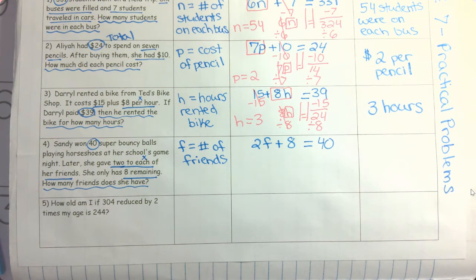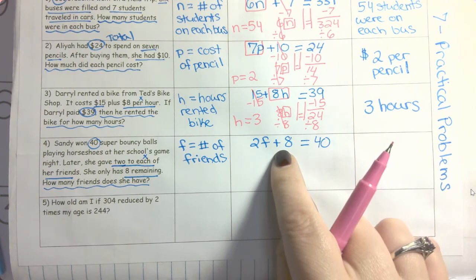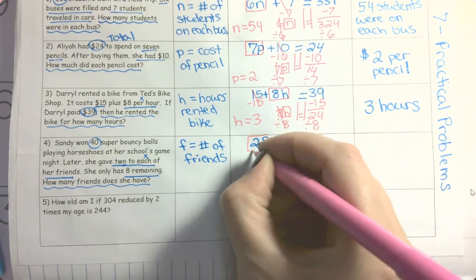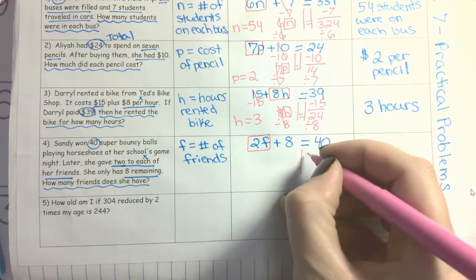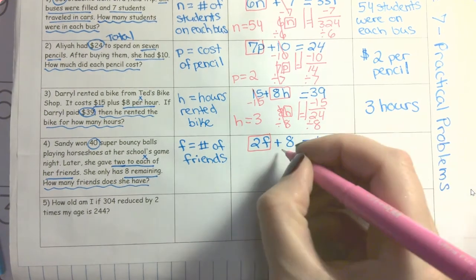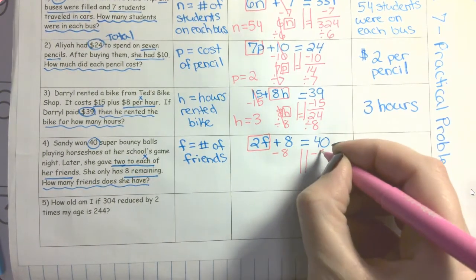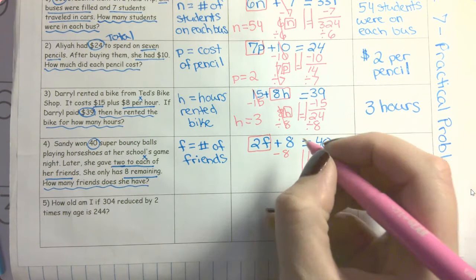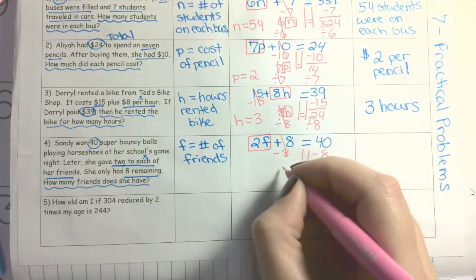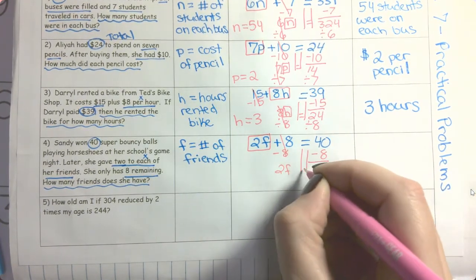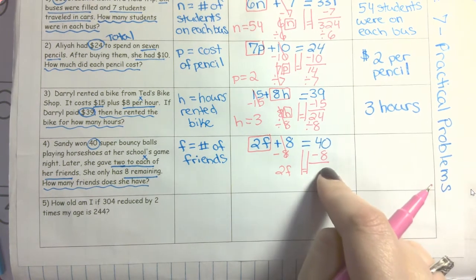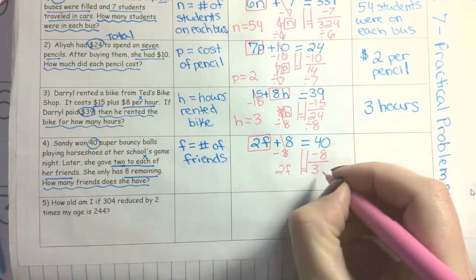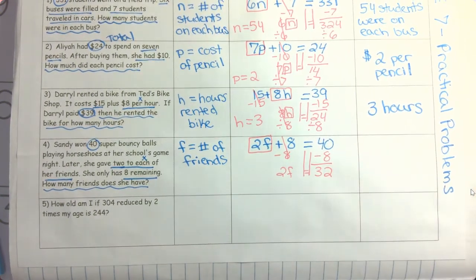I would start by boxing in my variable and what's with it. So the 2F, I'm going to get rid of the plus 8 by subtracting 8 and doing that on both sides. So this would cancel. I'll be left with 2F equals, and 40 minus 8 would give you 32. So 2F equals 32.